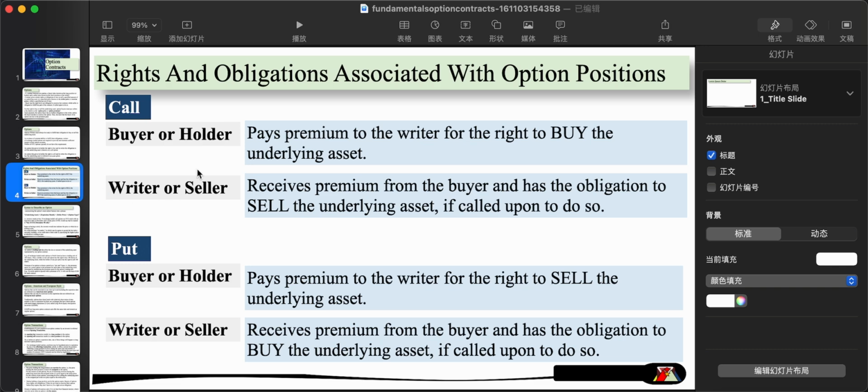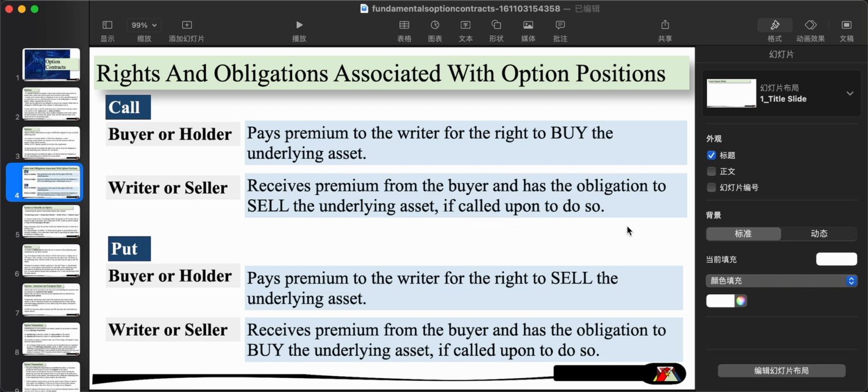So, the rights and obligations associated with option positions. You have the call option buyer or holder. That means you're paying a premium to the writer for the right to buy the underlying assets. Or, as a writer or seller, you could sell a call. That means you receive a premium from the buyer and have the obligation to sell the underlying assets if called upon to do so.